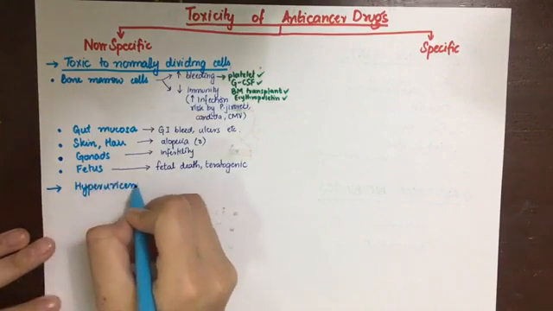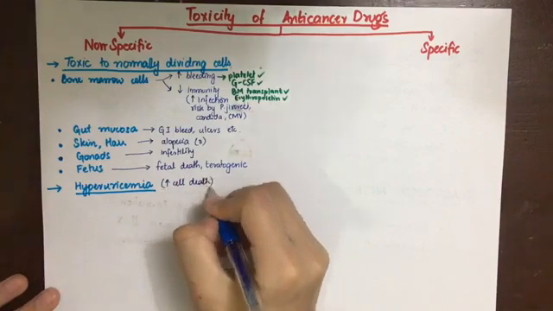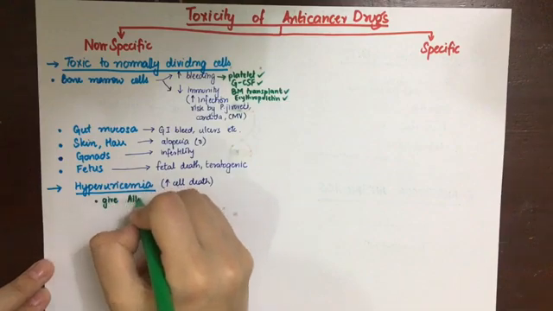Another important anti-cancer drug side effect is hyperuricemia, that is due to increased cell death and thus increased nucleic acid release, which is metabolized into uric acid.